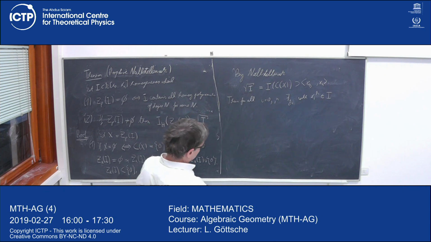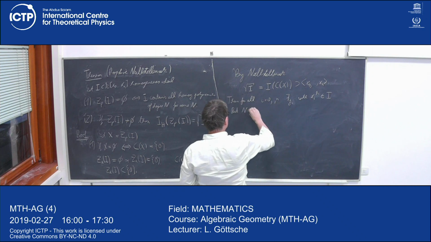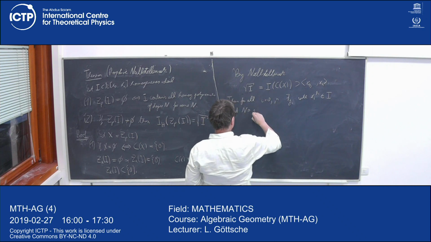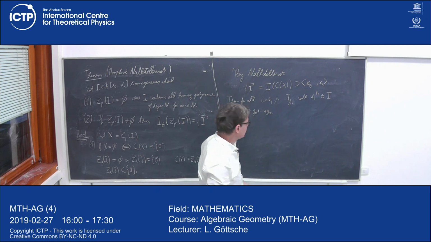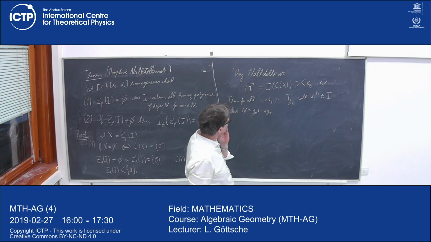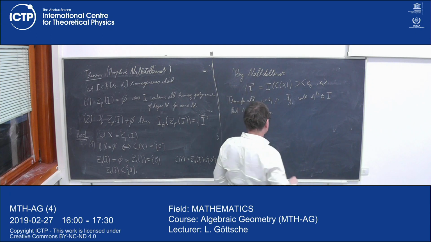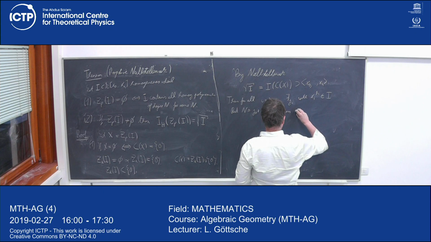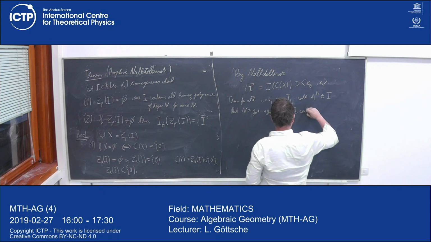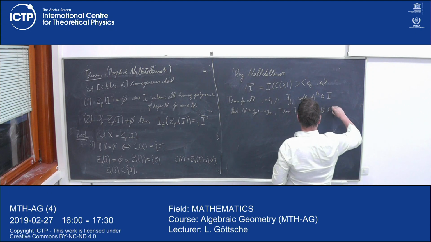Okay. And so put n equal to j0 plus ... plus jn, then our ideal will contain all monomials of degree n, and therefore I contains all homogeneous polynomials of degree n.